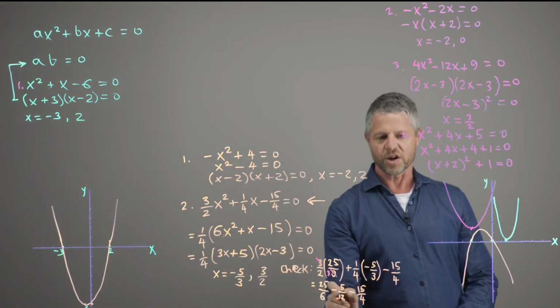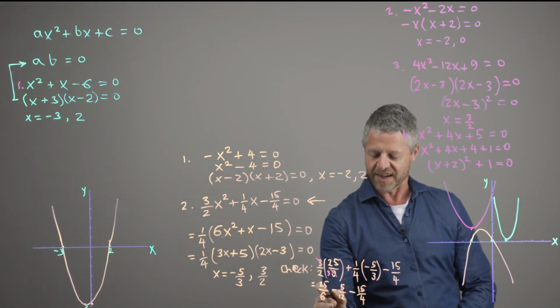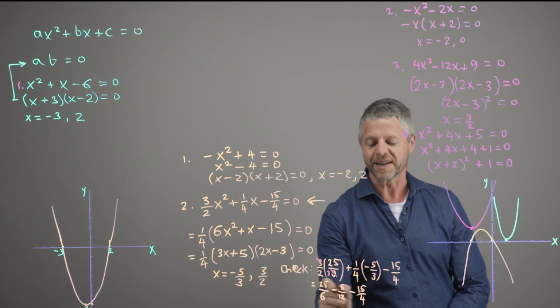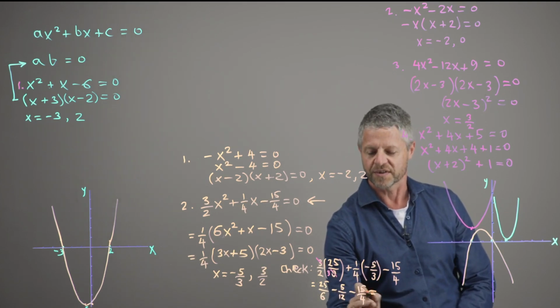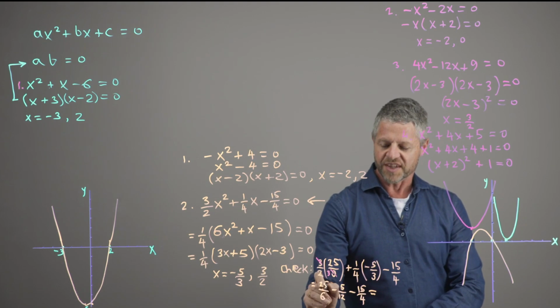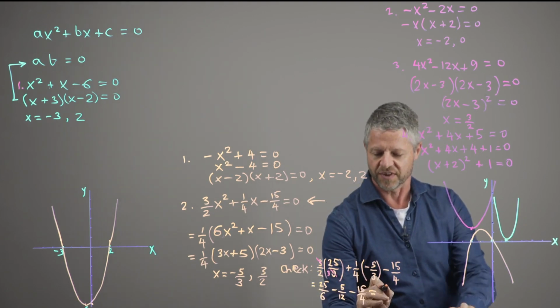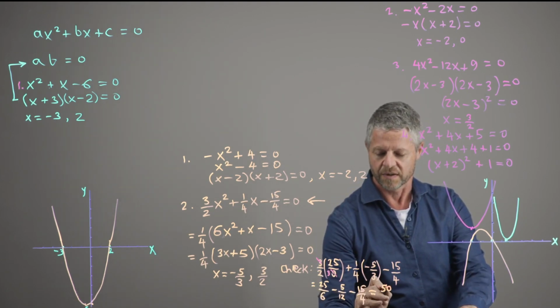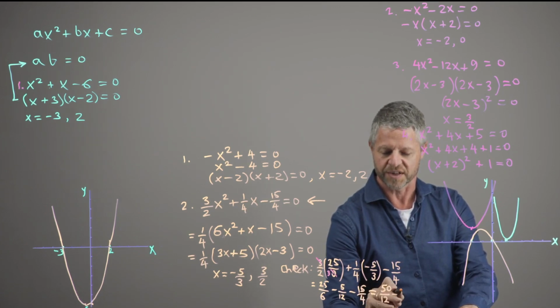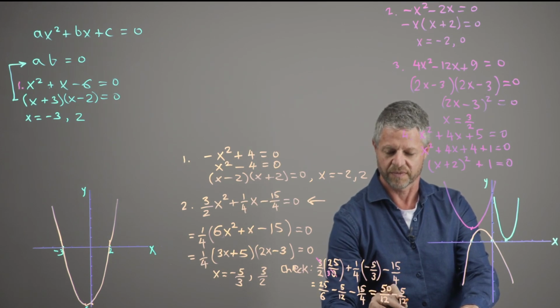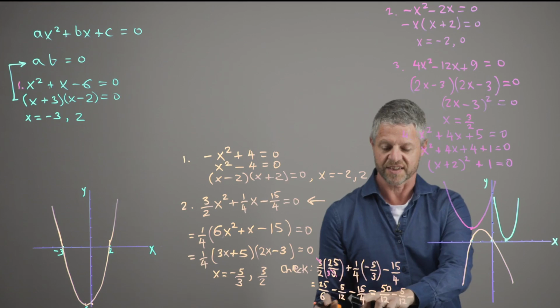And I need to get a common denominator here to be able to add these up. So a common denominator is 12. So 25 over 6 is the same as 50 over 12. And then minus 5 over 12. This is not, yes it is, it's going to work.